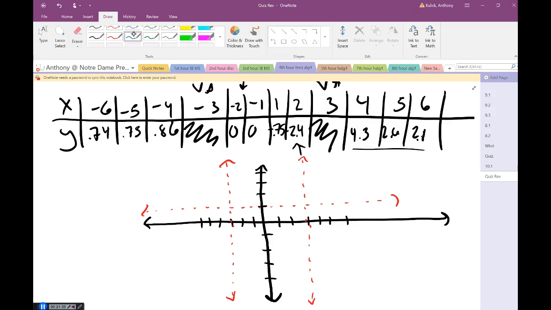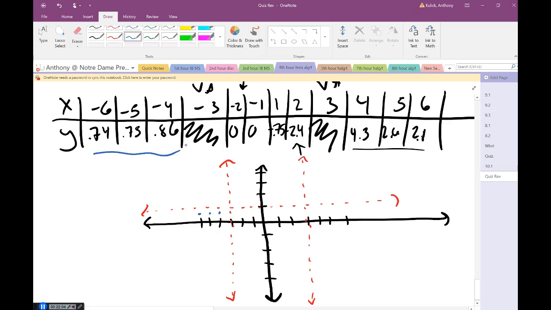So those are my asymptotes. And I have, let's see. There's something here and here and here. That's really weird.